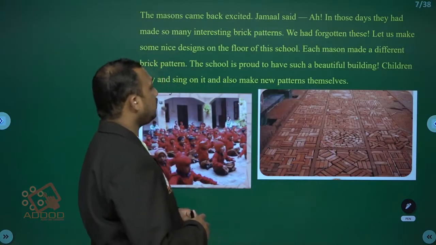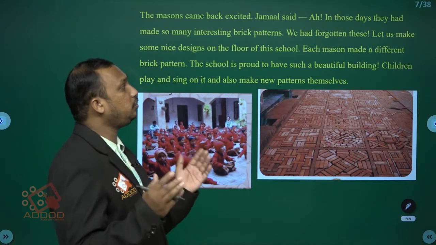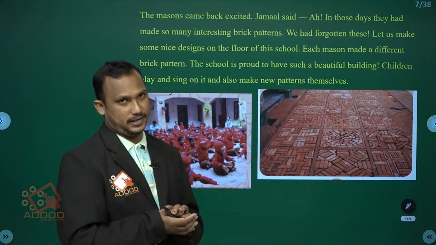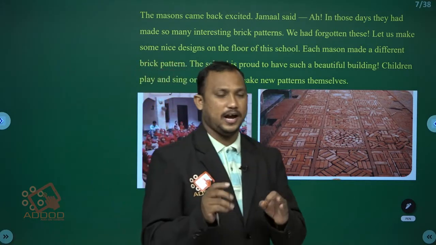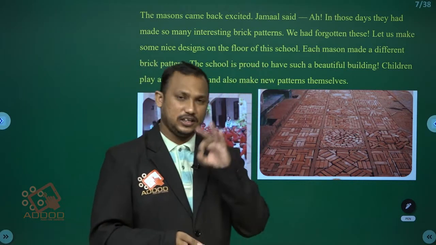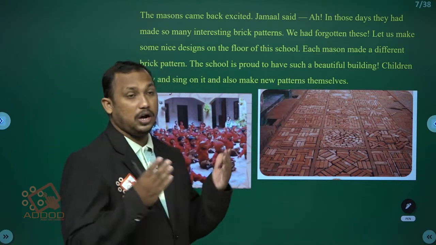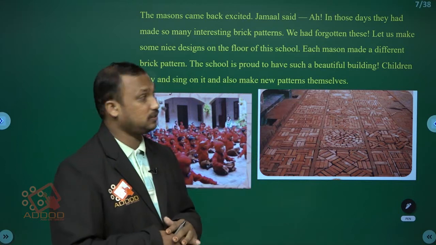Okay, the children came back excited. Jamila said, in those days they had made so many interesting brick patterns. So they came back from the tomb, and Jamila is saying how in those days the masons made interesting brick patterns.